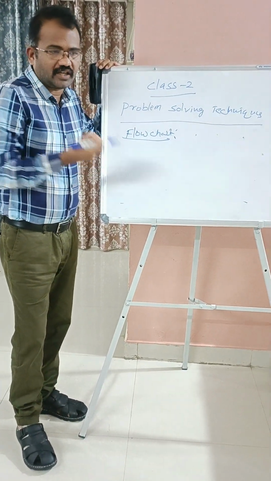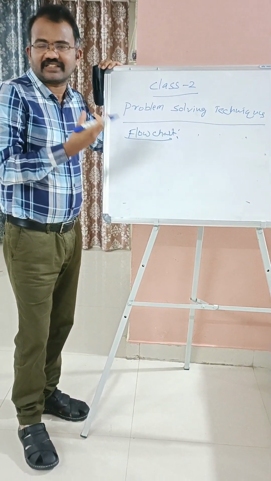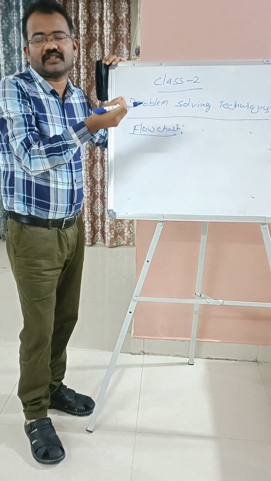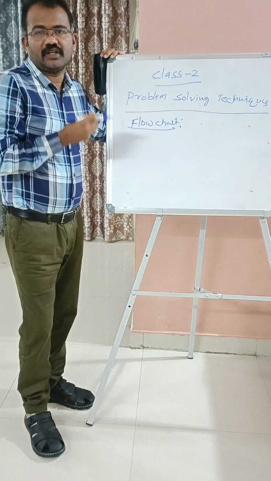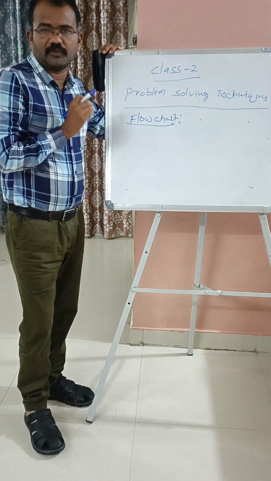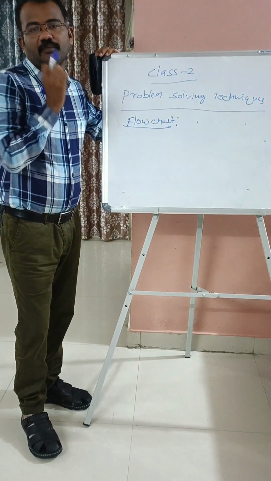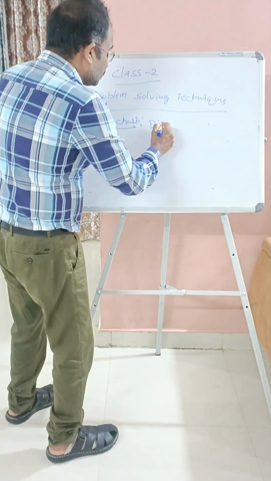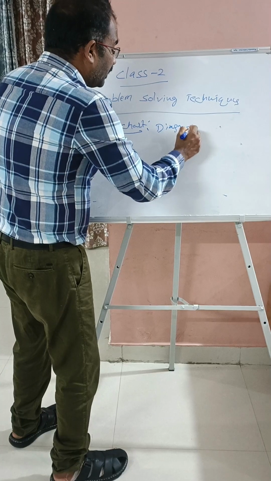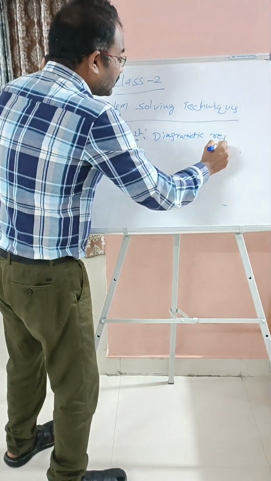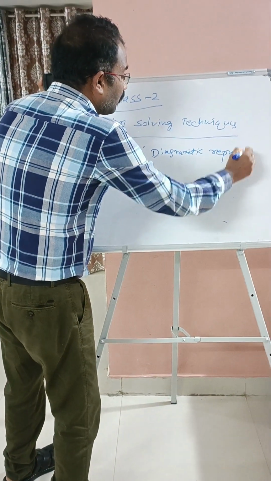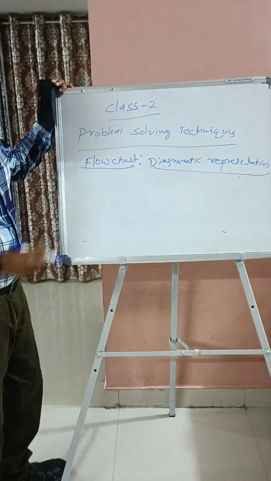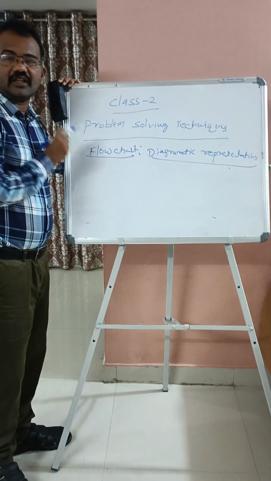Even for children in 5th, 6th, 7th class, flowcharts make it easy to understand the problem and its solution. The diagrammatic representation of an algorithm is called a flowchart.